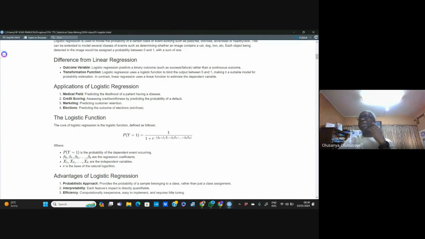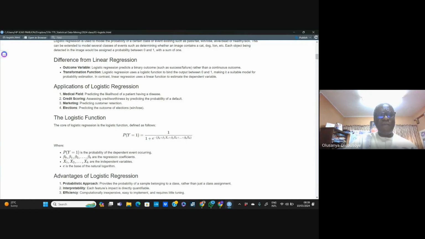So unlike linear regression, where your y is continuous, in logistic regression your y is going to be converted to a binary variable, which will be 0 for failure and 1 for success.